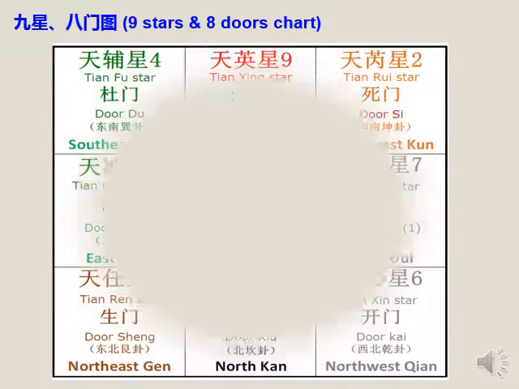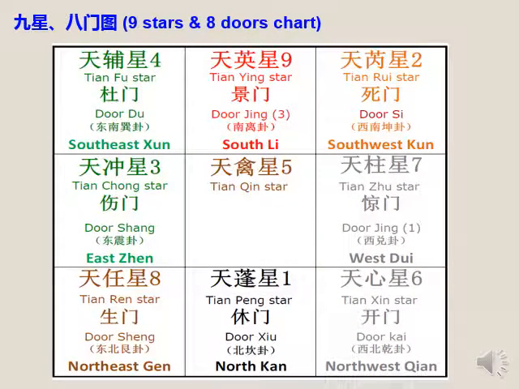Now, for beginners, this is just an introduction to you. Don't worry about the numbers and the names used in the terms here. As you can see, it is divided into 8 squares outside and the center square, total of 9 squares.